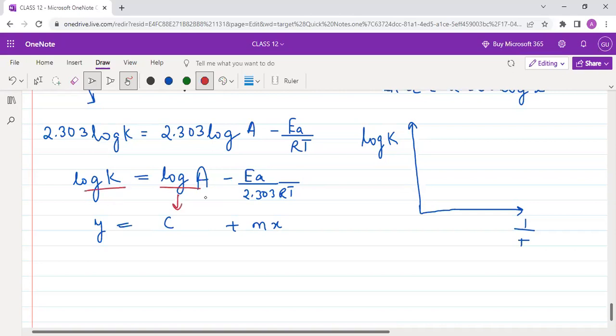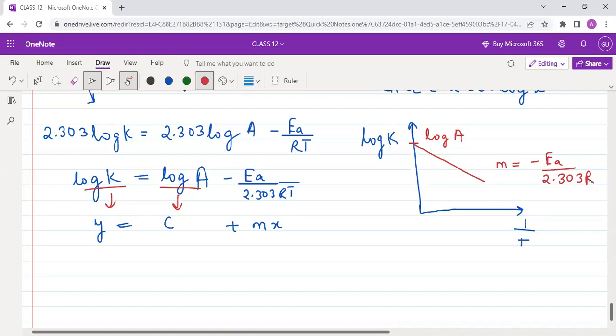Again it will be a negative slope, and the intercept is log A, and the slope m is equal to minus Ea by 2.303 R. Is it clear?